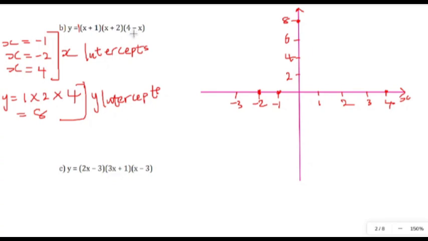This is 4 minus x. 4 minus x. This implies that k, if we expand correctly, k will be the coefficient of x squared. k will be less than 1. Now, if k is less than 1, that will affect the shape of our graph. So we expect that the shape of the graph will look somewhat like this. Going to come like this and that.